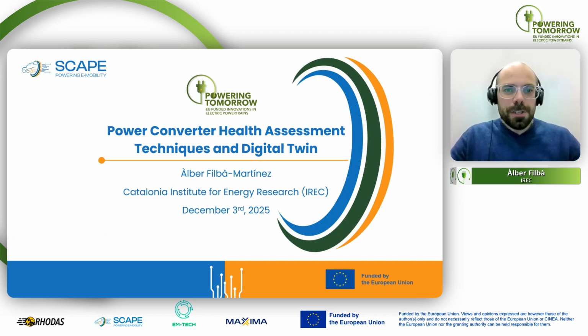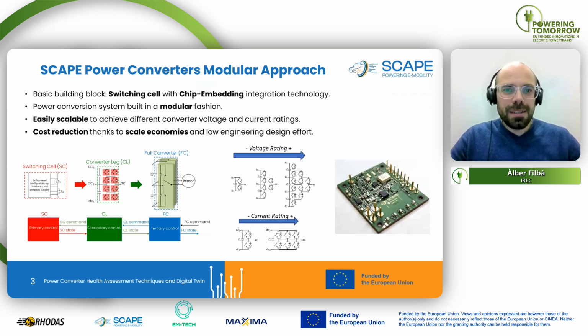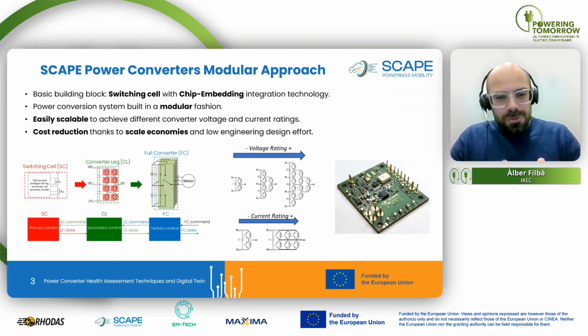So first of all, let me do a bit of a recap of what has been told in the two past webinars from the SCAPE side, to introduce you to the leitmotif of the SCAPE project.